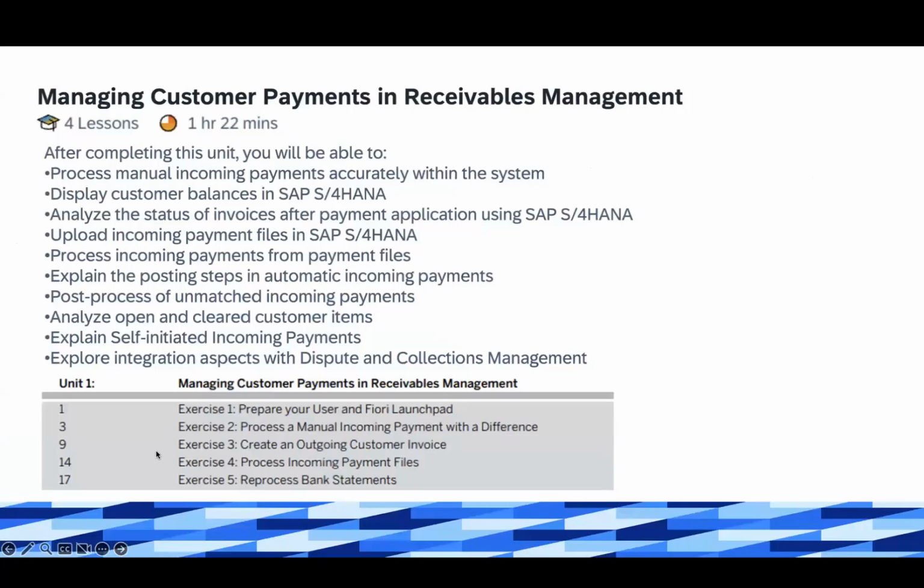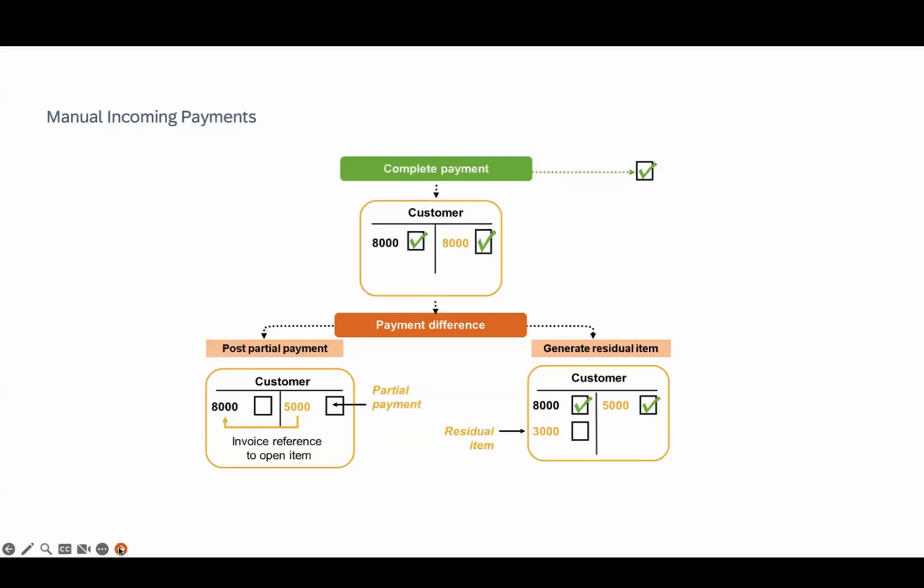Customer payments. Okay, so as we work through there, we can see we can do manual payments, and we can also process from incoming files. So the main point of processing occurs with our bank. We would receive money into the bank and then it goes through a process.